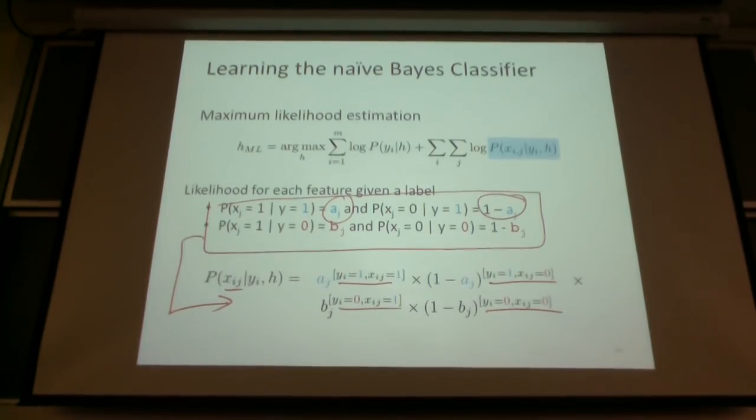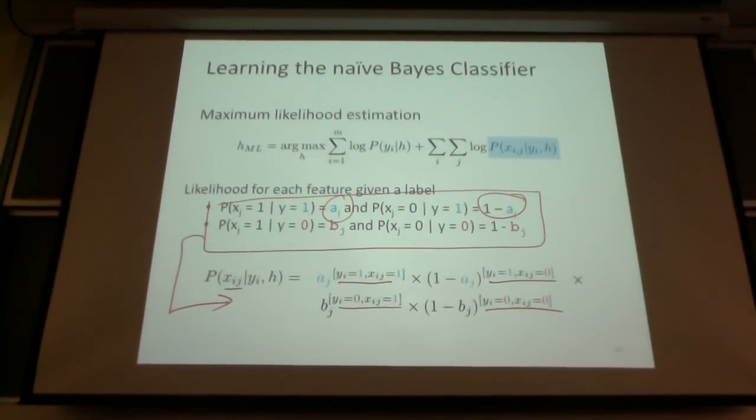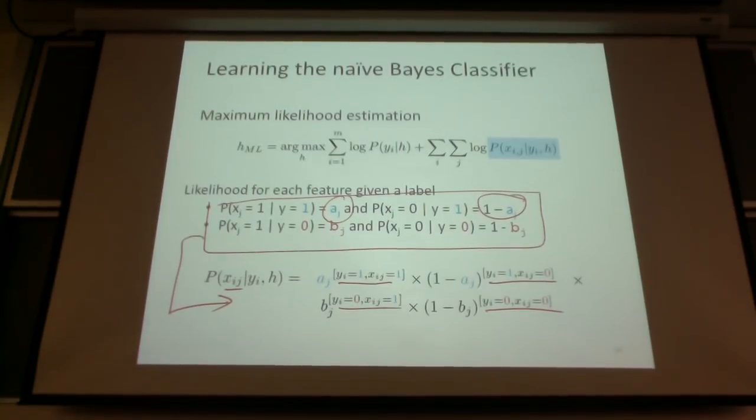Okay, the reason for these indicators is that now I can plug in both these things as single big products. So let me work through the details a little bit. What we had is the probability of x, y conditioned on h, or let me write down the log.